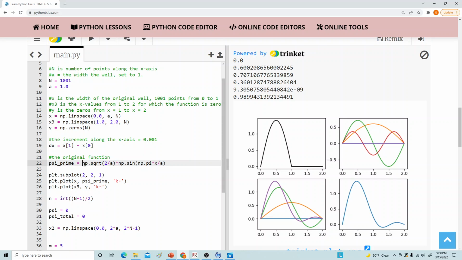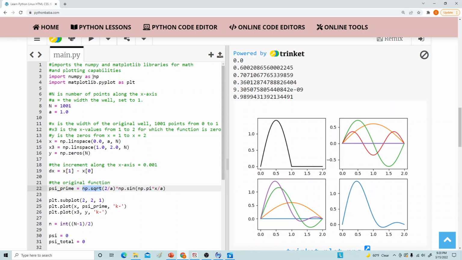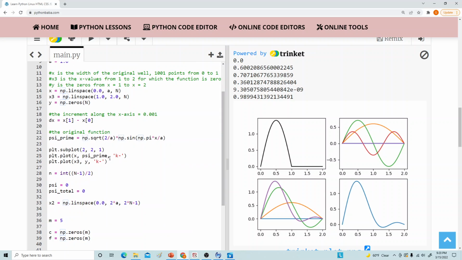And the NPs are here because we've imported numpy as np. So what we're basically saying is I'm going to draw these functions, the square root function, the sine function, and the number pi from the numpy library and implement them the way that numpy implements them.